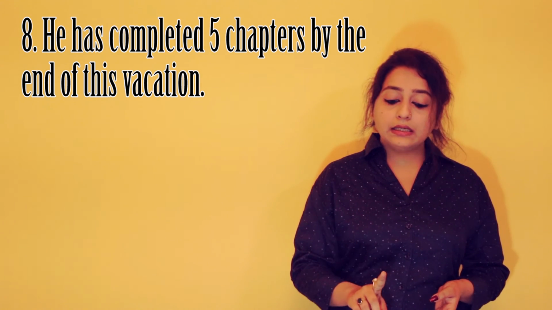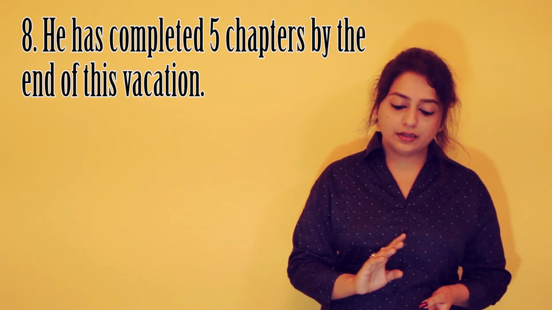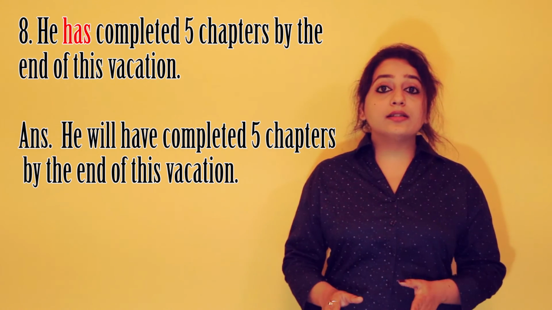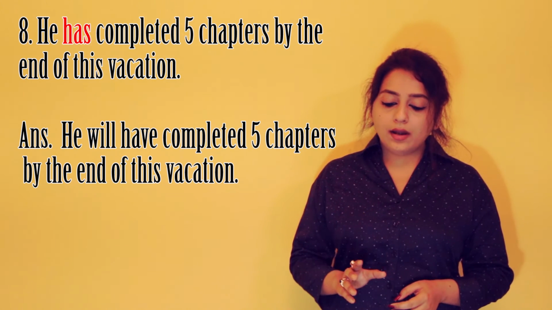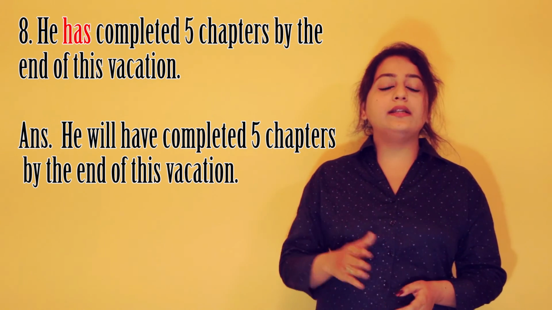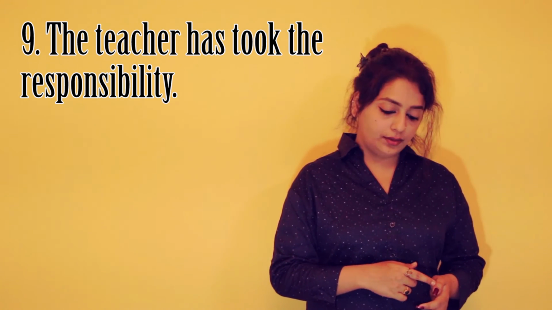So here we will use future perfect tense, not present perfect. So the mistake is "has completed." The correct sentence is: he will have completed 5 chapters by the end of this vacation. We will move on to the ninth question.